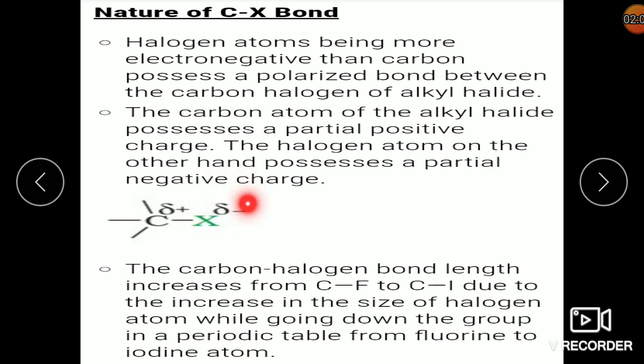If the atom is getting bigger and bigger, the carbon-halogen bond length also increases, and for a longer bond length, the bond energy decreases and the bond becomes weak. So the bond between carbon and fluorine will be much stronger than the bond between carbon and iodine, because iodine is bigger in size compared to fluorine.